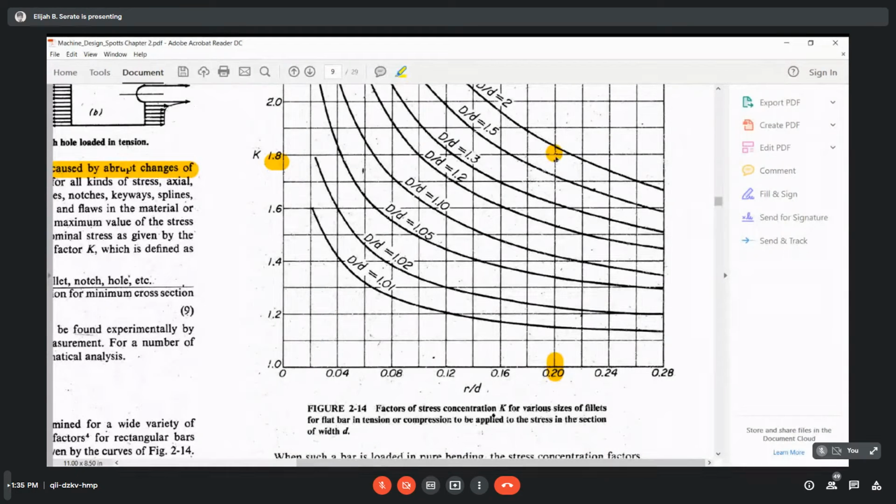So my approximation is 1.78. That is for our stress concentration factor K. Do you follow how to get the stress concentration factor K? The one on the left is your stress concentration factor K. Any question?